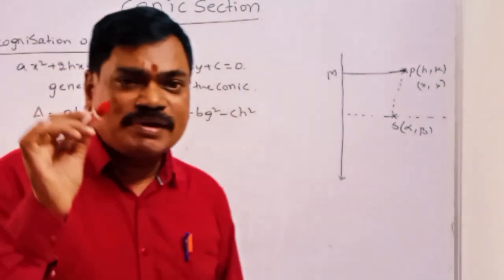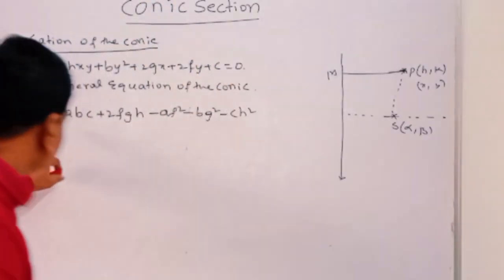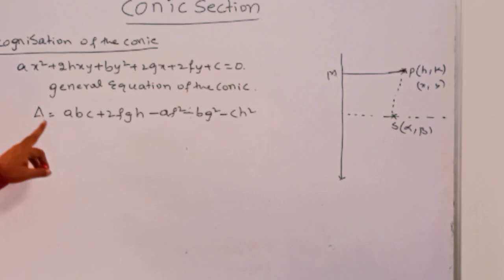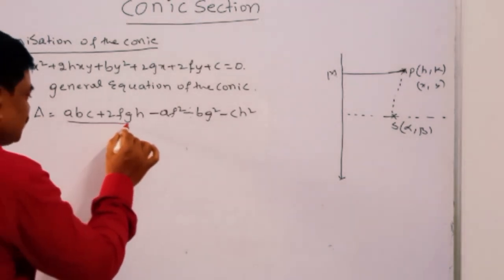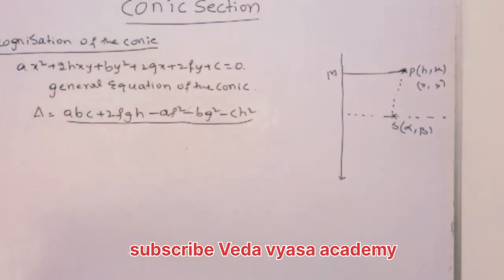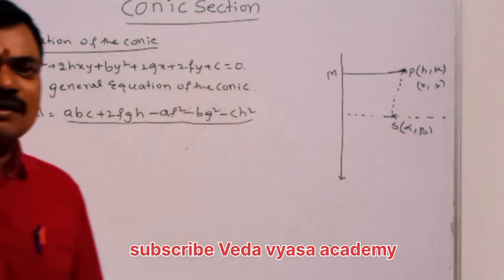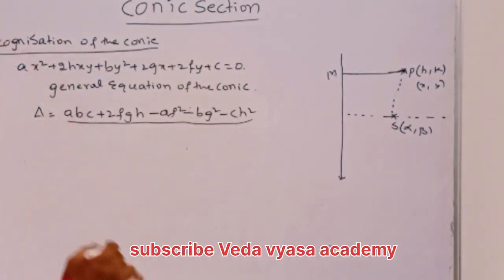Sorry, this is minus. So this is the discriminant of the conic section. Here, the discriminant of the conic section is represented by delta. And what is delta? Delta is equal to ABC plus 2FGH minus AF square minus BG square minus CH square. It is the discriminant of the conic section.